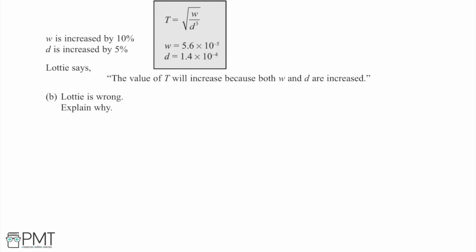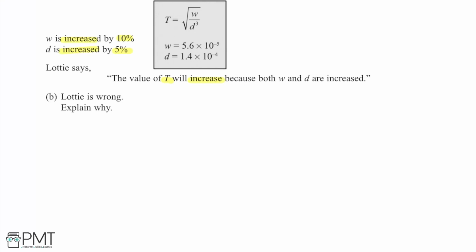So now in this part of the question, we're told that w is increased by 10%, and that d is increased by 5%. We're told that Lottie says the value of t will increase because both w and d are increased. Lottie is wrong, and we're asked to explain why.